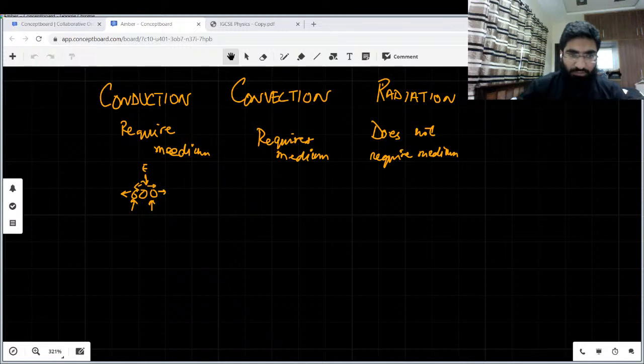If we are to write down the definition of conduction as well, let's do that too.